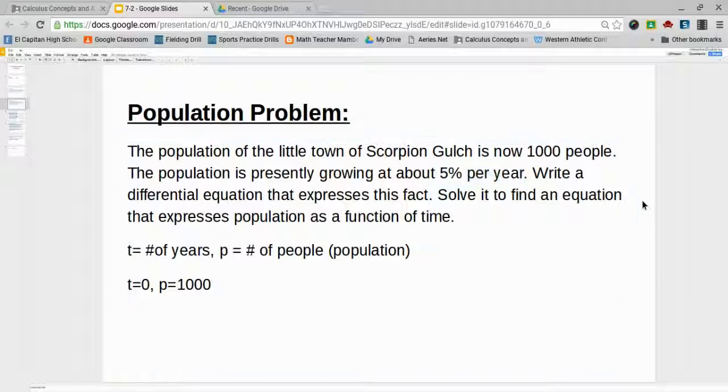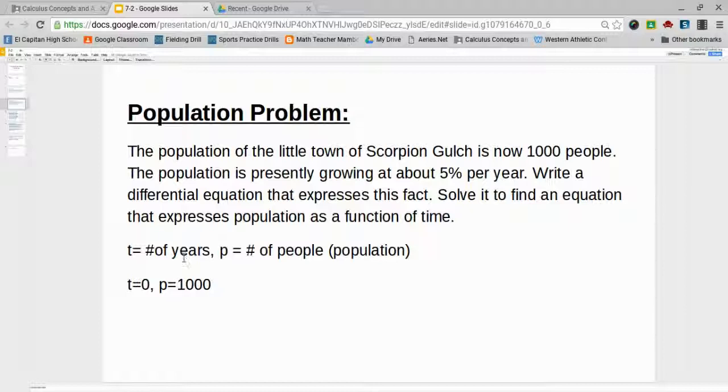So it's not saying that, okay, 3 years have gone by, I multiply those 3 years by 0.05, and now I have my population for that year. It's telling me that after 3 years, I'm multiplying my population by 0.05 for all of those years that have occurred. So I'd have to do that 3 times because it's growing 5% every year.